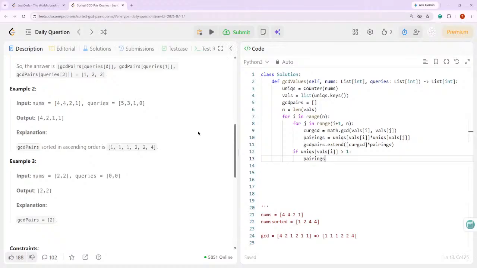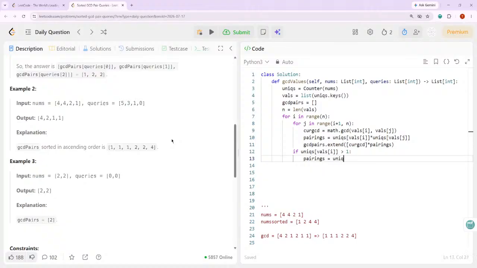If there's 2 4s, it'd be 1. 3 4s, it'd be 2. I guess it'd be combinations, right? So it'd be n, the frequency, times frequency minus 1, divided by 2. 3 times 2 divided by 2. Yeah.